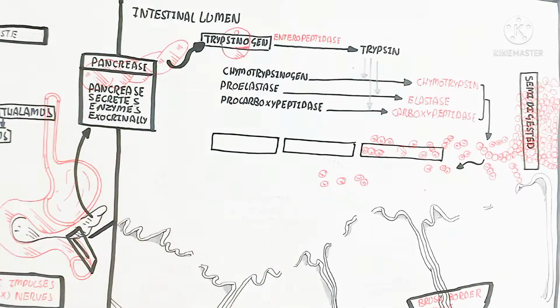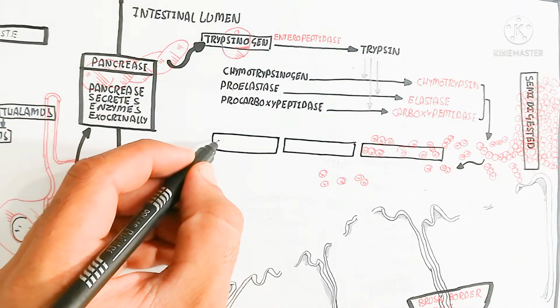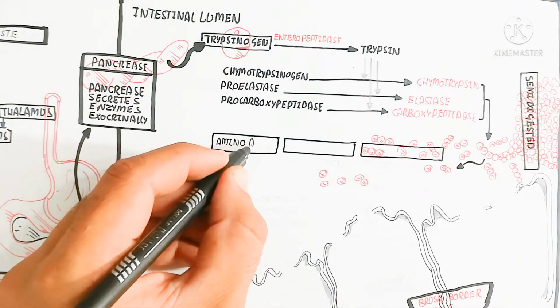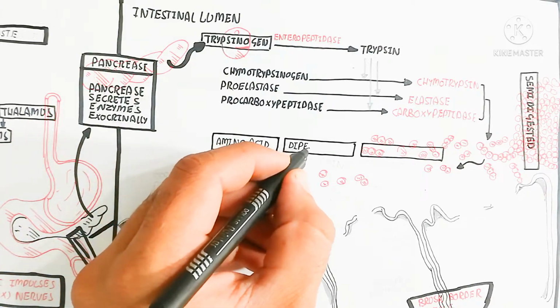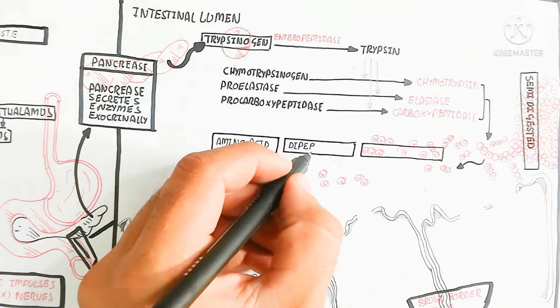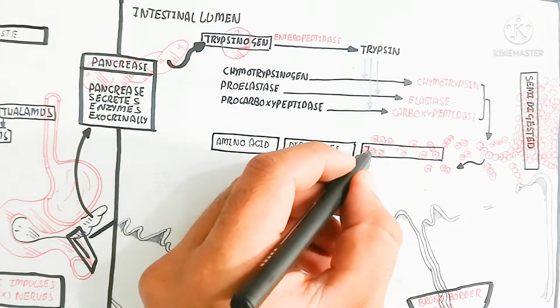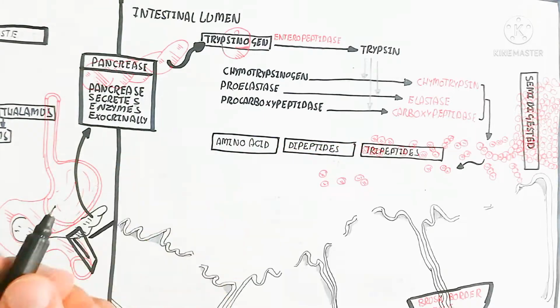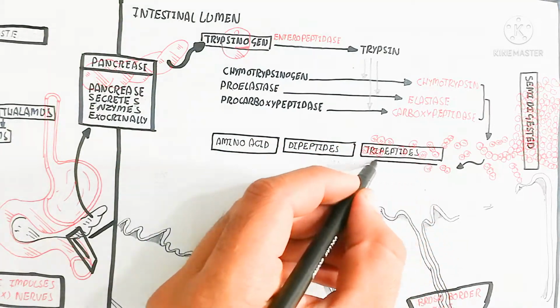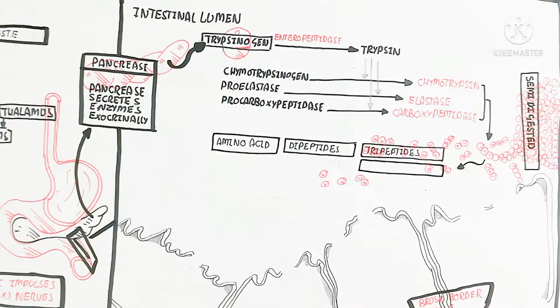So here are the amino acids, dipeptides, and tripeptides up to nine peptides, which are known as oligopeptides, while the chain containing more amino acids is known as a polypeptide.